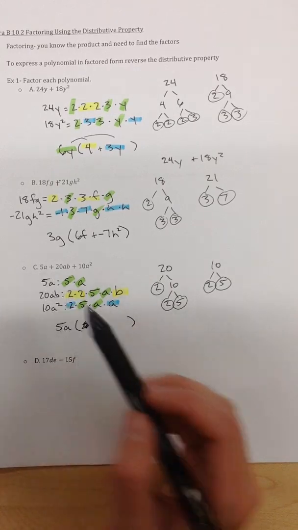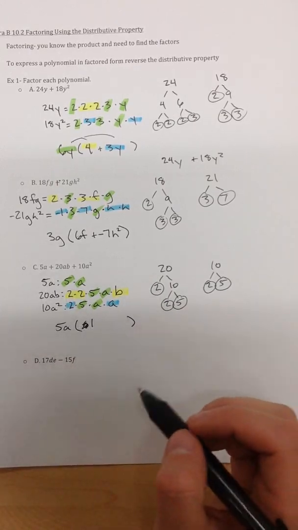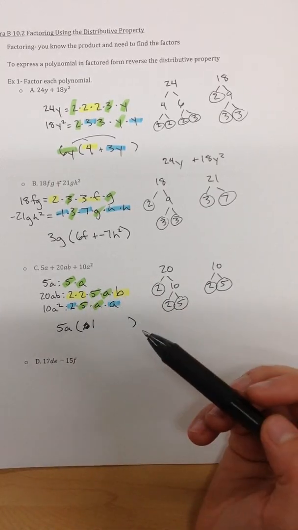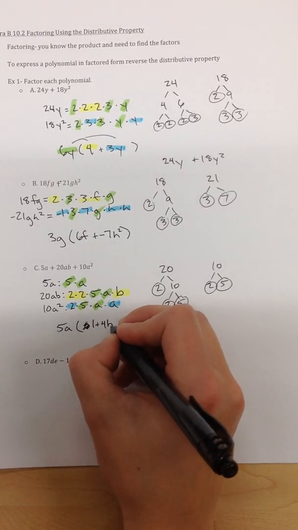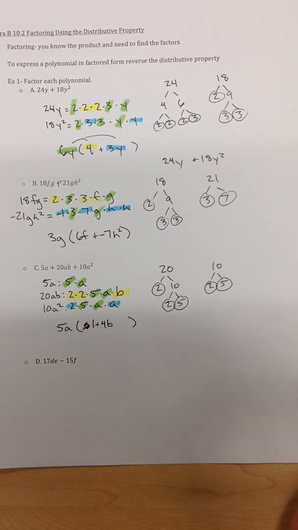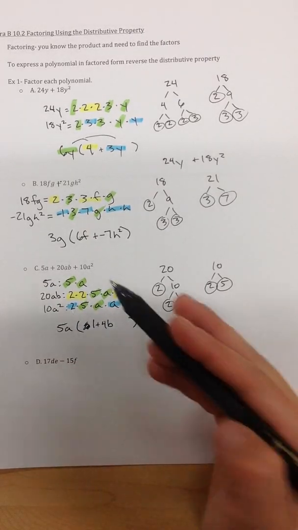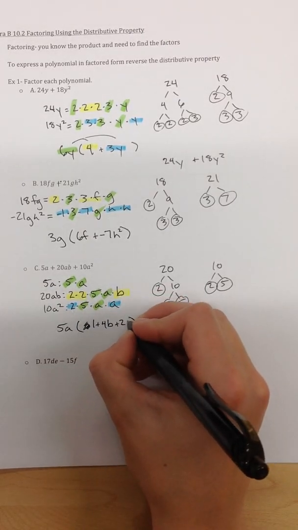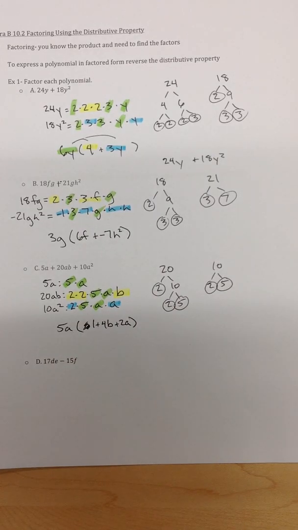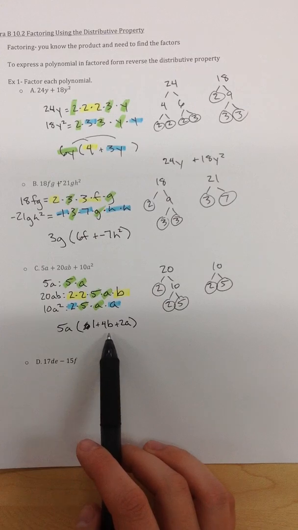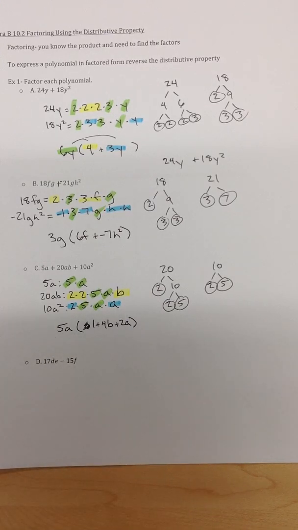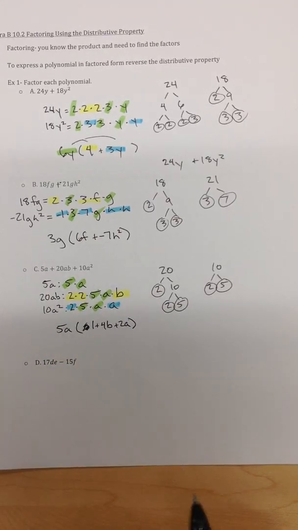So 1 goes with the 5a, and in the next row we're left with 2 and 2 and b, so 2 and 2 is 4, so plus 4b. And in the last row we're left with a 2 and an a, so that would be 2a. If you use your distributive property to check, that would be 5a plus 20ab plus 10a squared, which checks out with the first row.